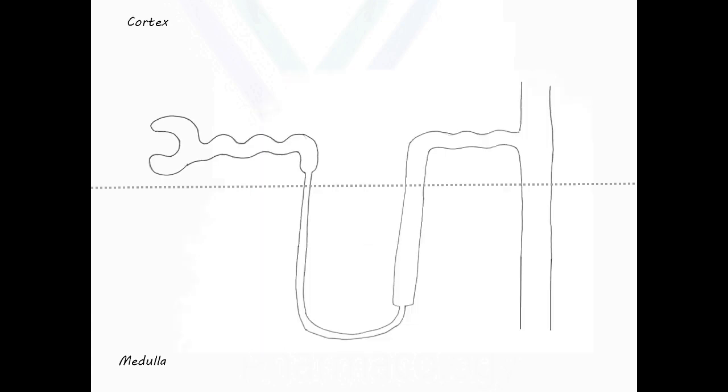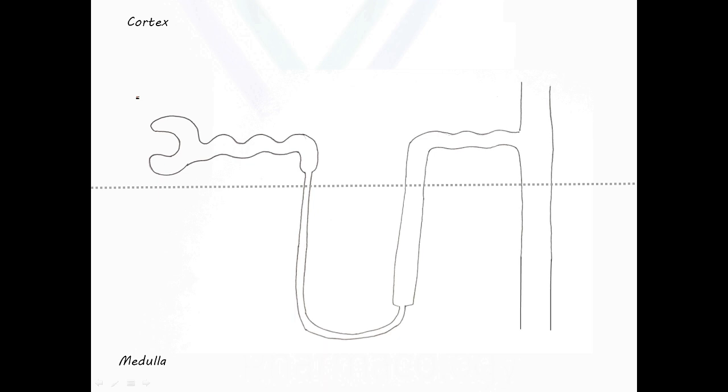This is the schematic representation of the nephron, which is the functional unit of the kidney. The process of urine formation begins in the glomerular capillary tuft by a process called ultrafiltration. The filtrate formed here is a protein-free ultrafiltrate of plasma.